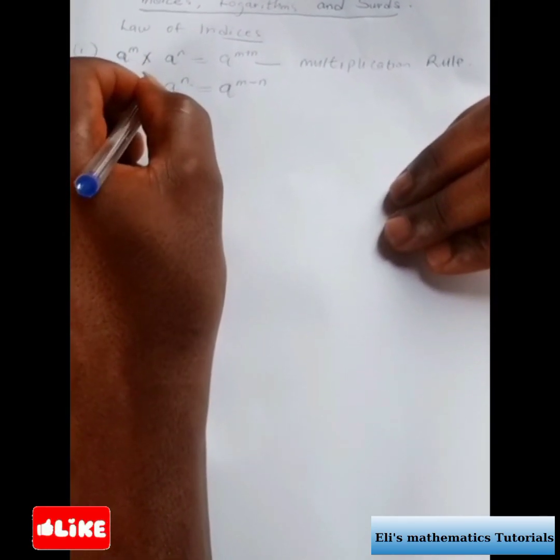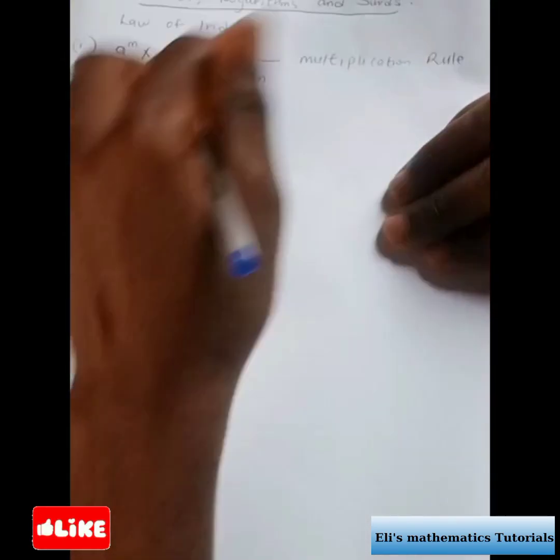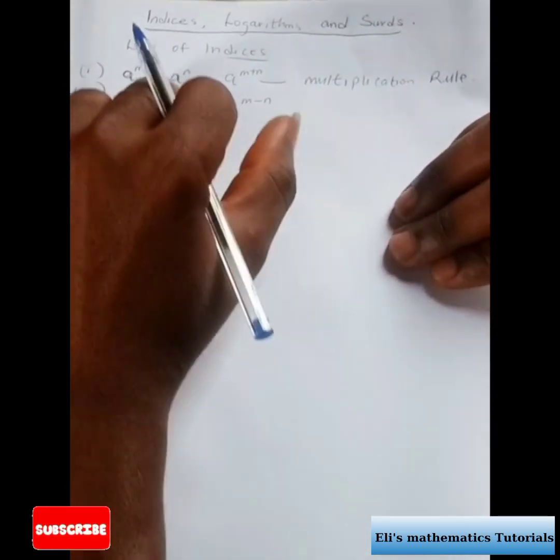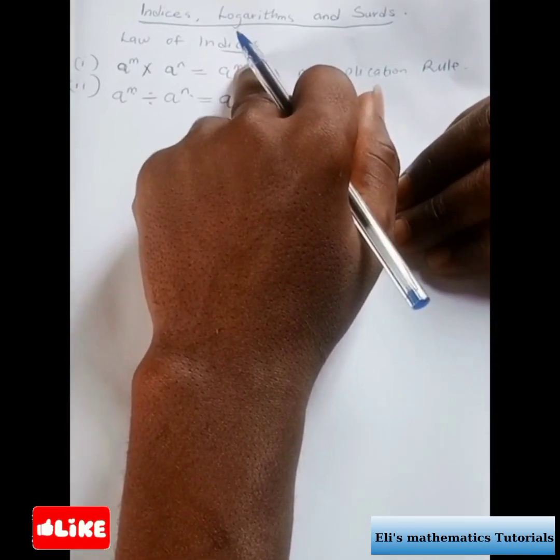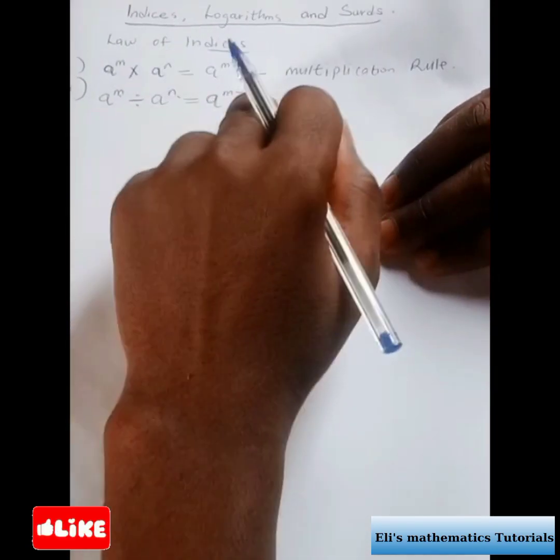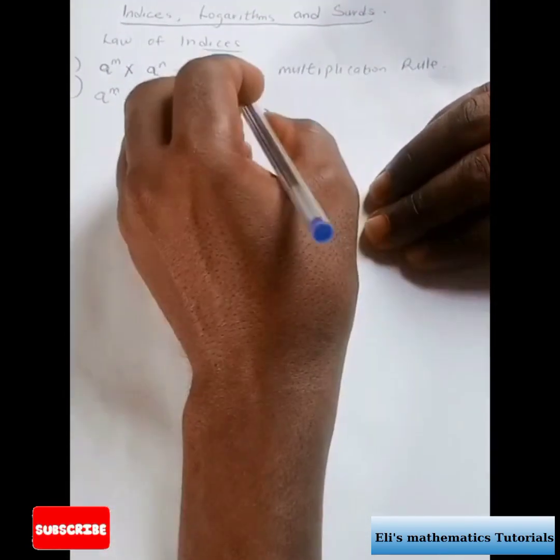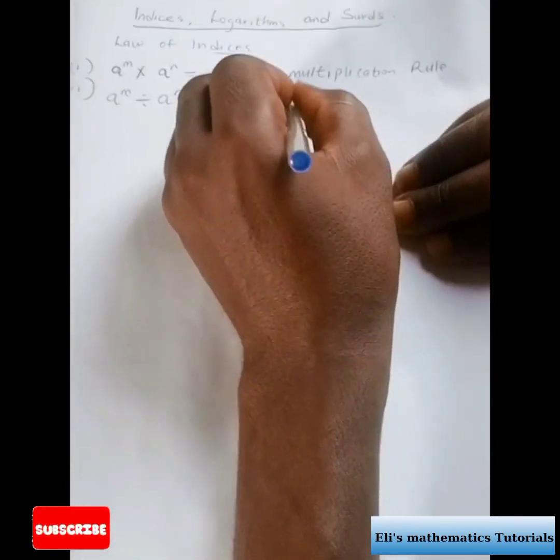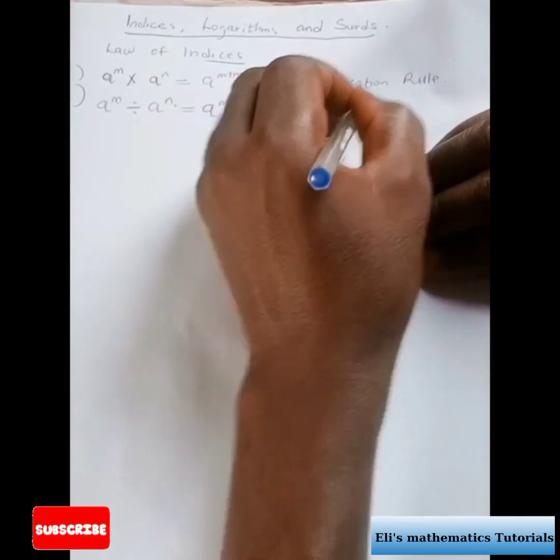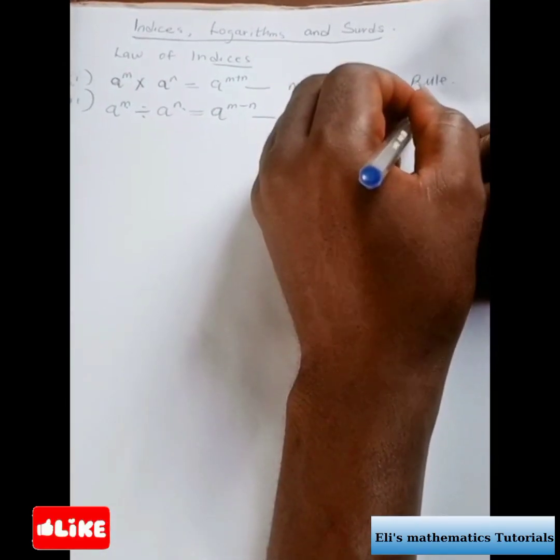And the reason we are subtracting is because of the division sign here. So when it is multiplication, we add the powers. When it is division, we subtract the powers. This one is called the division law or rule.